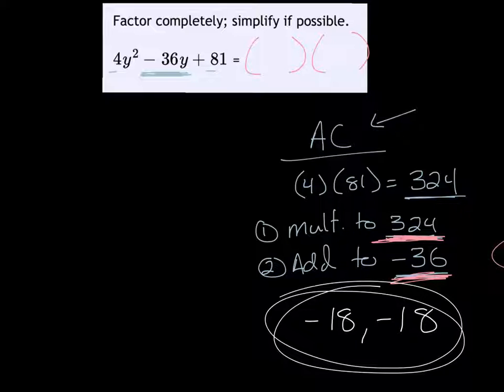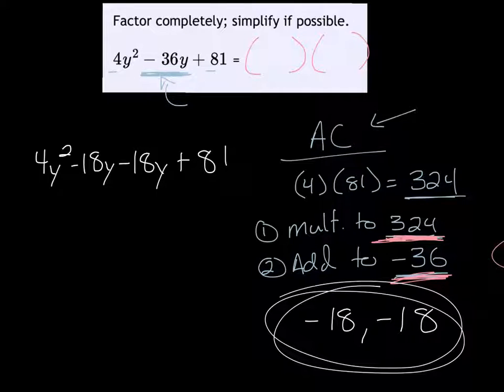I'm going to attack this middle term by rewriting it using those two numbers. I'll write it as negative 18y, and then negative 18y plus 81. I've just written negative 36y with two different terms, specifically the two numbers I found.